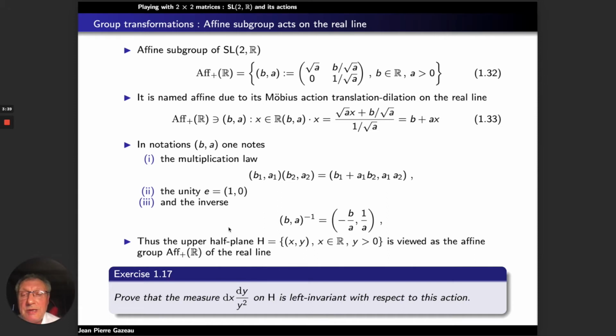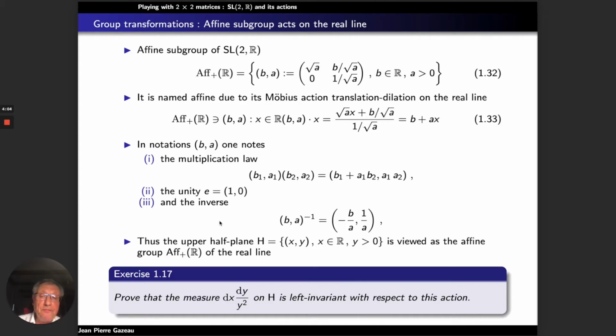In consequence, we can consider the set of pairs of parameters of this type, where here they are denoted by x, y, where x is a real number and y is a positive number.